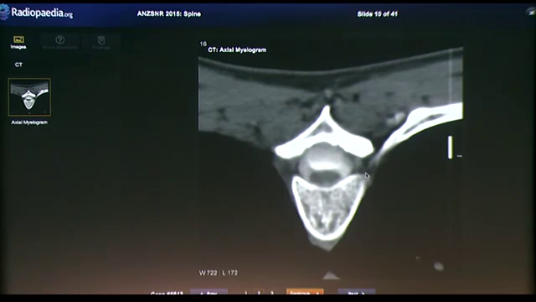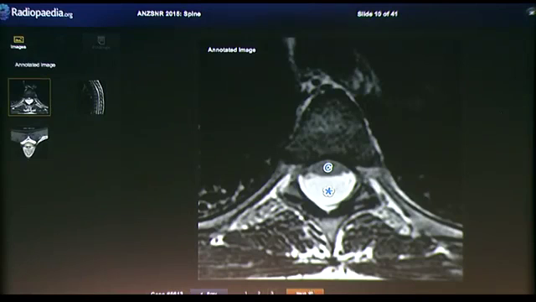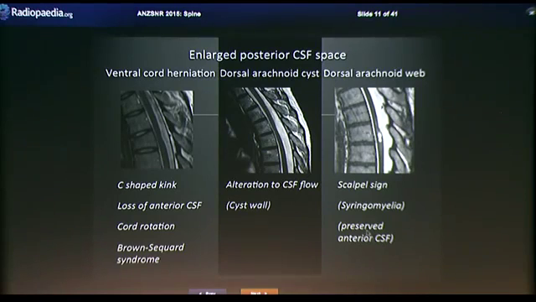A CT-guided myelogram. This is this patient showing contrast that's been injected intrathecally. You can see a slightly different density outlining that rounded arachnoid cyst with a dependent level. So a nice proof of the diagnosis.